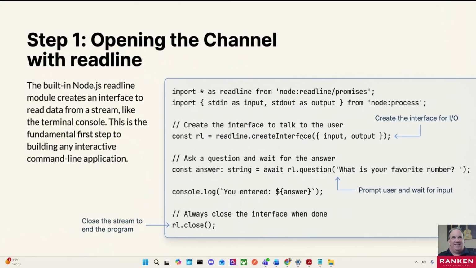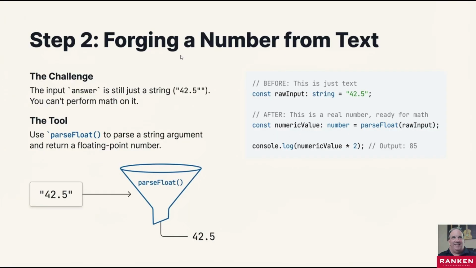So next, let's look at step 2, forging a number from text. The challenge input answer is still just a string. You can't perform math on it. So the tool to use is parseFloat, to parse a string argument and return a floating point number.